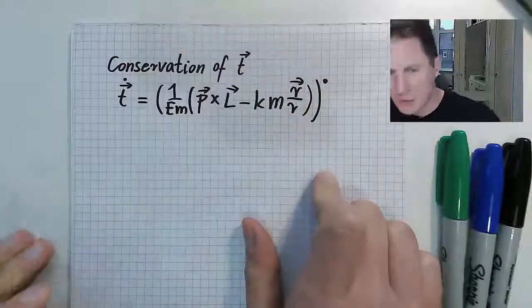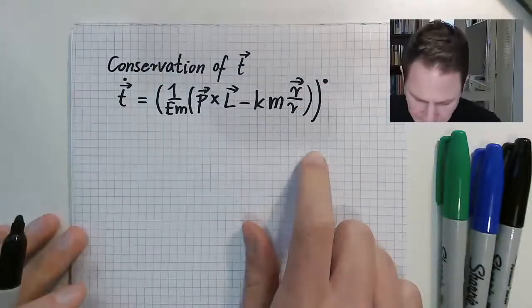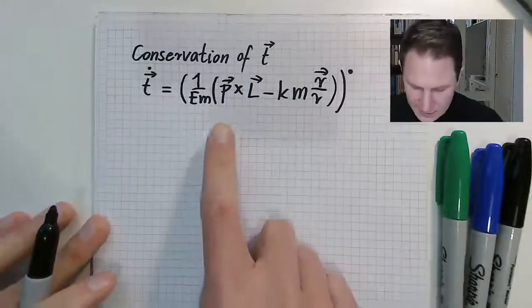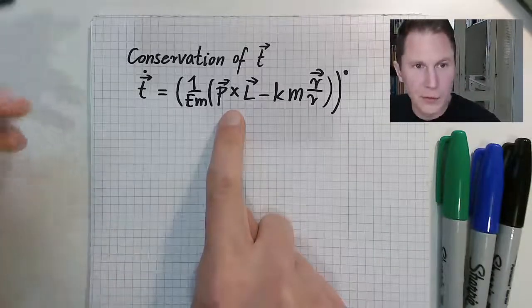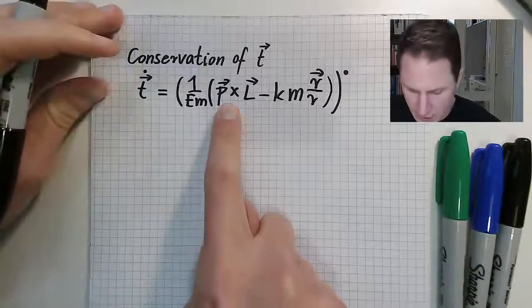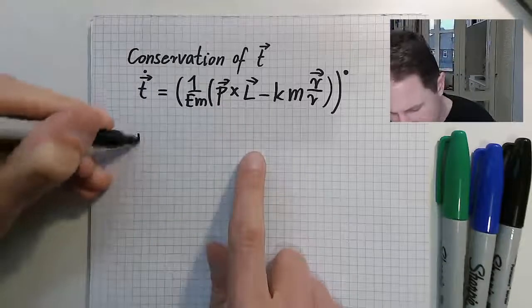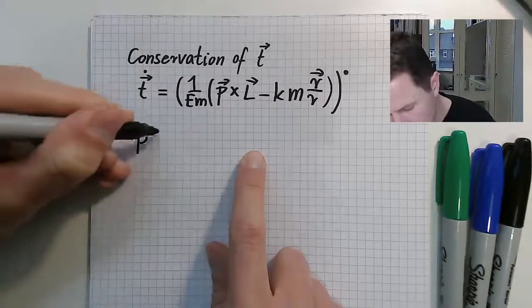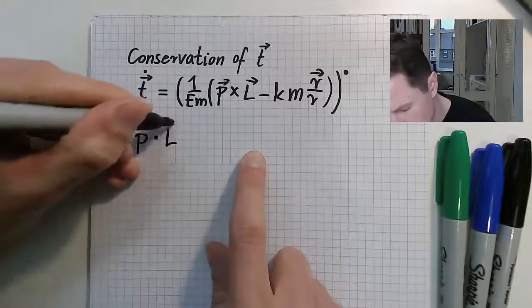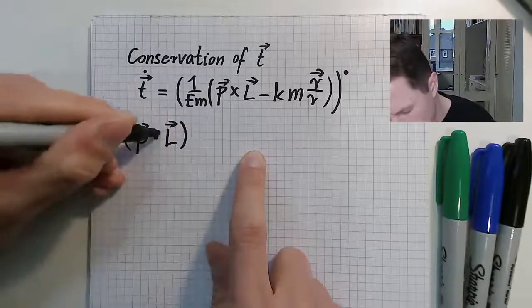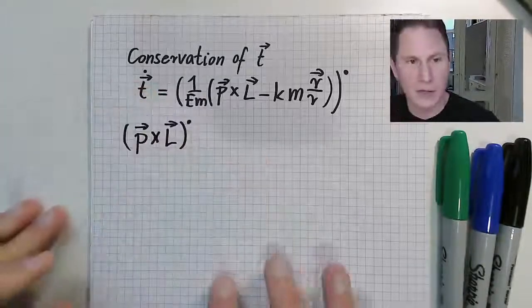So we have to calculate the rate of change of this thing. Okay, now let's do the rate of change of p cross L, the vector product of the linear and angular momenta.